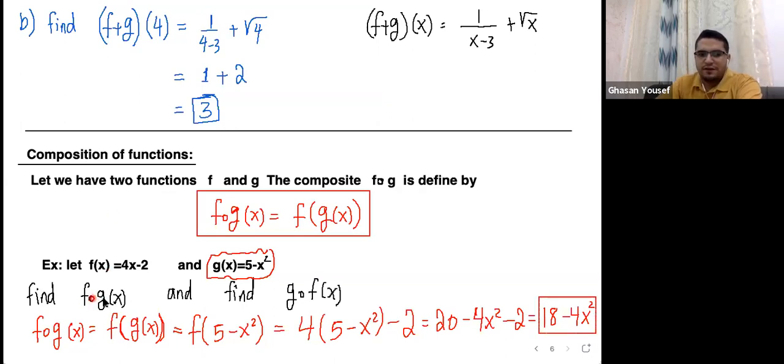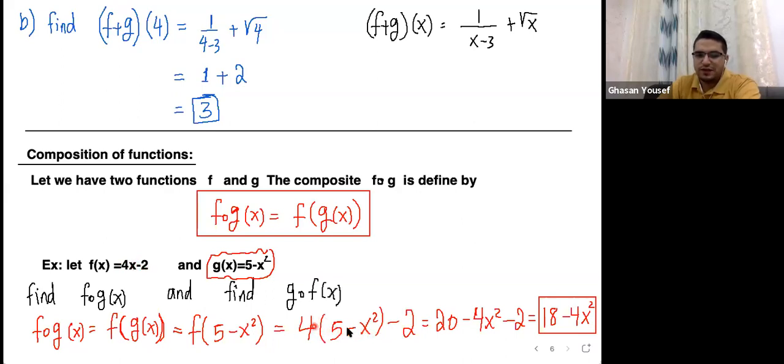Again, f circle g of x is equal to f of g of x. Now g of x is the function 5 minus x squared. We have to put this function inside f instead of x, like one block. So 4 times 5 minus x squared, minus 2.